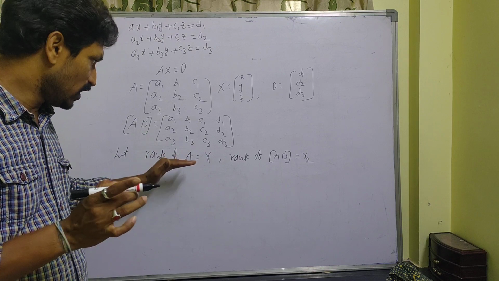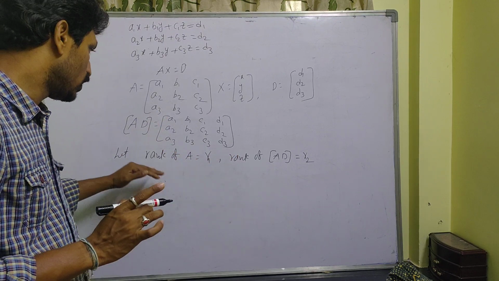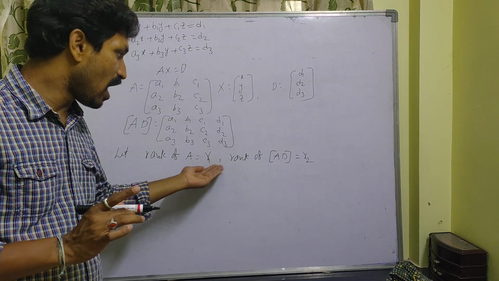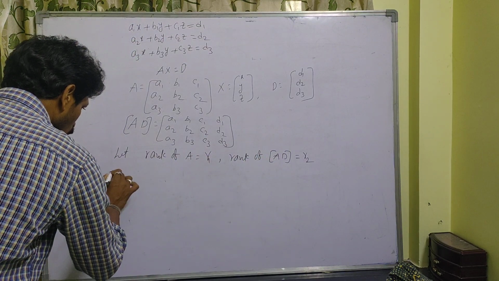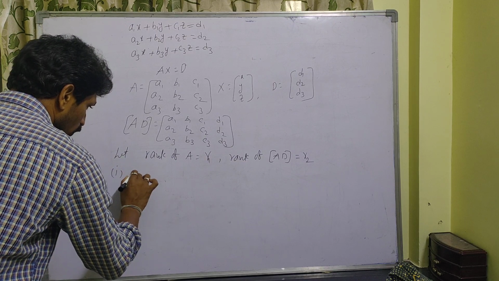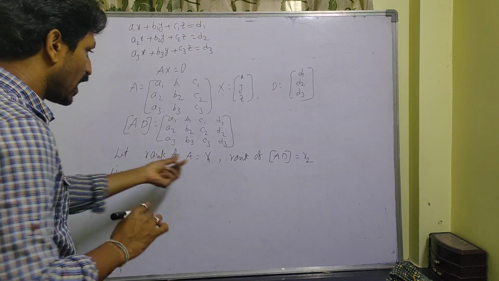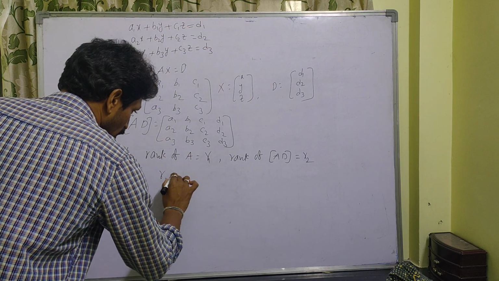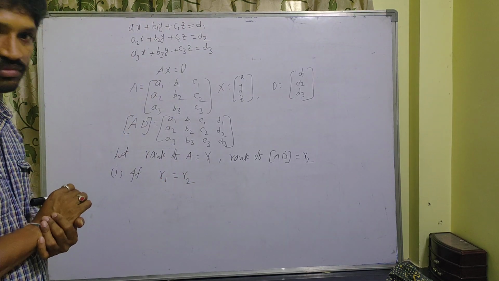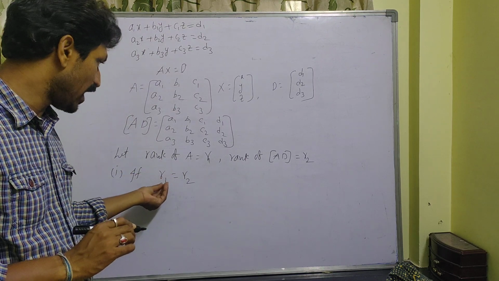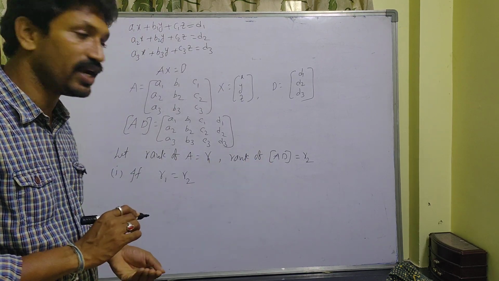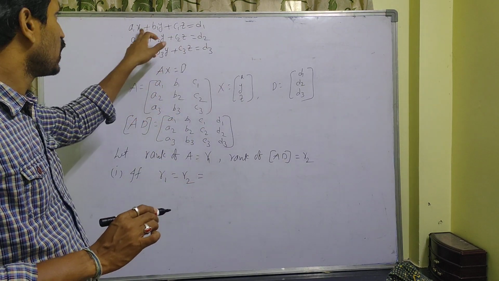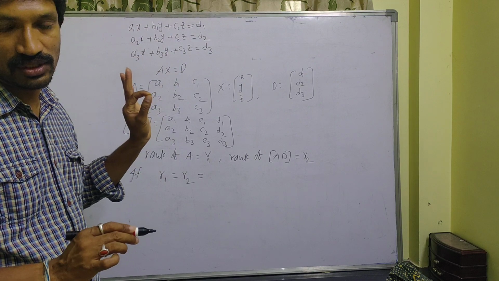First of all, just remember this concept, very very important. First you find out the rank of A and the rank of AD. Let us take R1 and R2. So first one, if the rank of A, that is R1, is equal to R2, that means rank of A is equal to rank of AD, is equal to, here this is a 3 by 3 matrix and the number of variables is 3, remember.